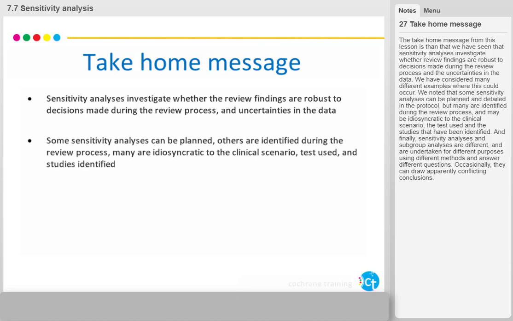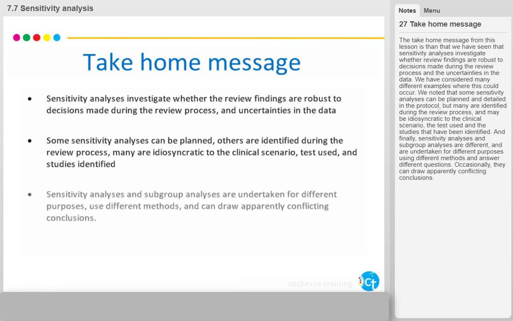We noted that some sensitivity analyses can be planned and detailed in the protocol, but many are identified during the review process and may be idiosyncratic to the clinical scenario, the test used, and the studies that have been identified. And finally, sensitivity analyses and subgroup analyses are different and are undertaken for different purposes using different methods and answer different questions. Occasionally, they can draw apparently conflicting conclusions.